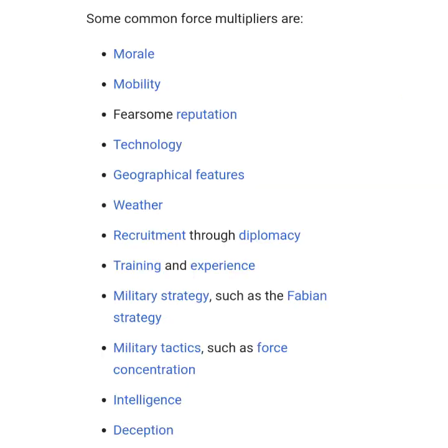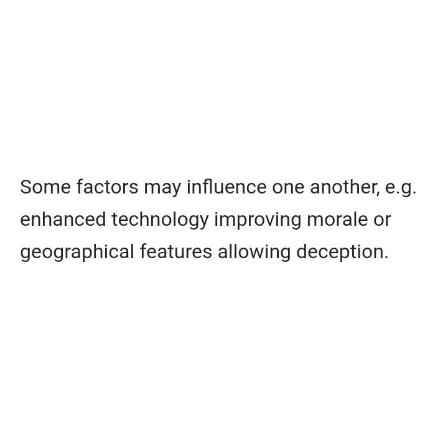Some common force multipliers are morale, mobility, fearsome reputation, technology, geographical features, weather, recruitment through diplomacy, training and experience, military strategy and tactics, intelligence and deception. Some factors may influence one another. An example is enhanced technology improving morale, or geographical features allowing deception.